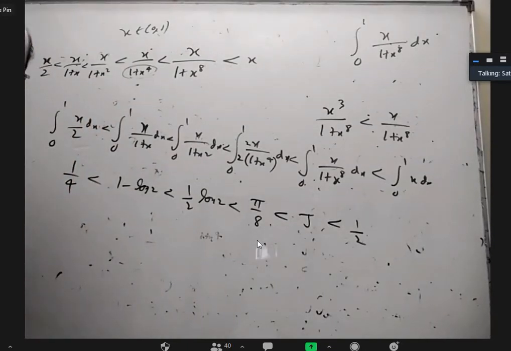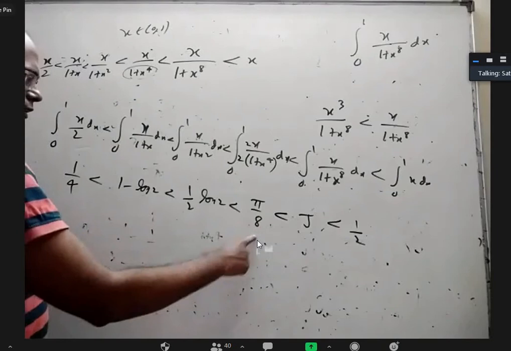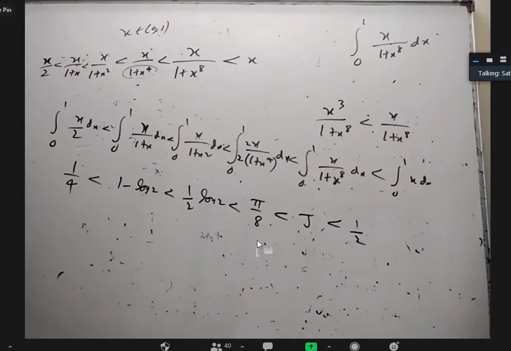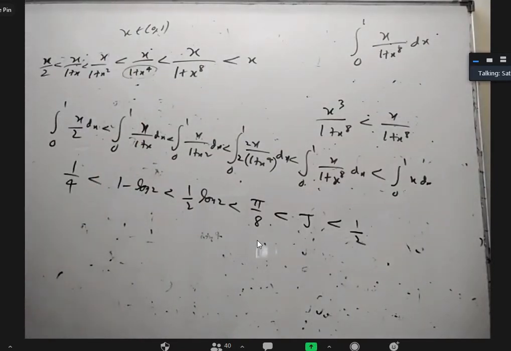Is everybody clear about this? Yes, sir. Okay. So the option given, J greater than 5 by 8, is correct. J greater than 1 by 4 is correct. I don't know if it is greater than the given value or less than it.